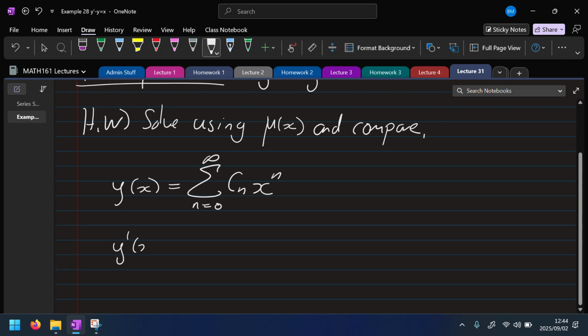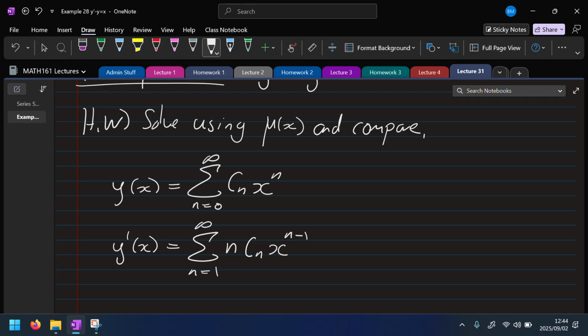So y prime of x is equal to the sum, n goes from 1 because the first term was a constant, the derivative makes it go away, n Cn x to the n minus 1. Now there's no second derivative, so we just stop here. In the tutorial, there are some examples with the second derivative. You'll look at that later.